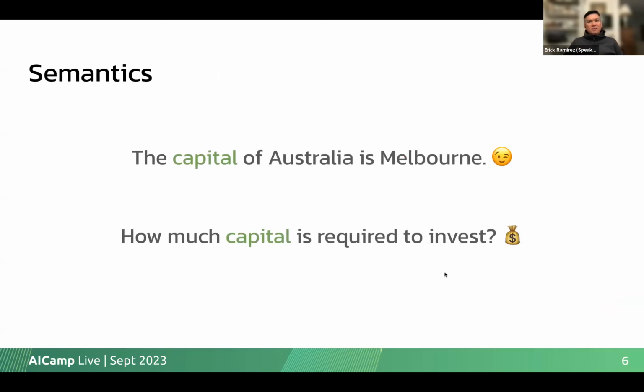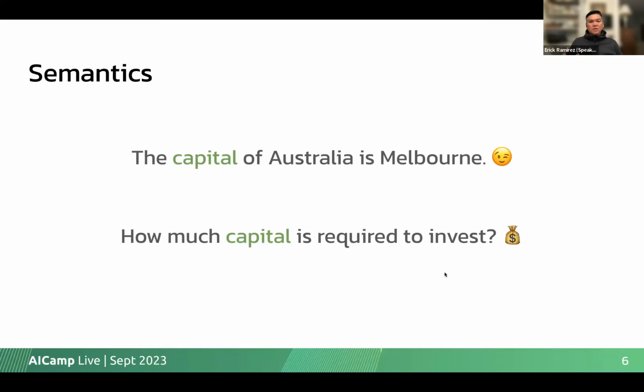One other thing that embeddings are trying to do is they're trying to capture the semantics, the meaning of a word. So here I've got two different sentences, but focusing on just a single word, the word capital. In the first sentence, the word capital refers to something in geography, so the capital of a country.